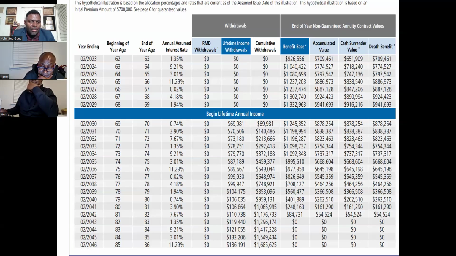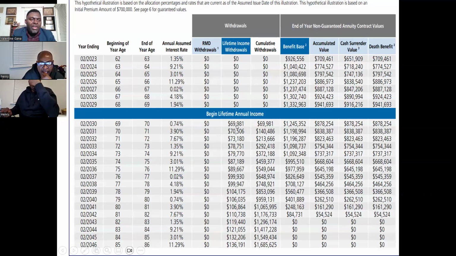Correct. Why does this one keep increasing? No, the benefit here, okay, I see what you're asking. Here, the payment is the yearly payment. That's the payment to the client. It's 69,000 if they start collecting from year 2030.